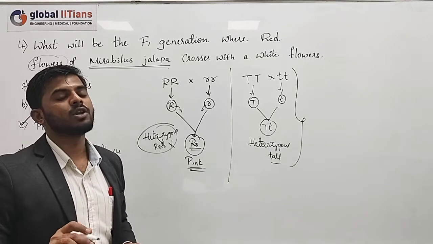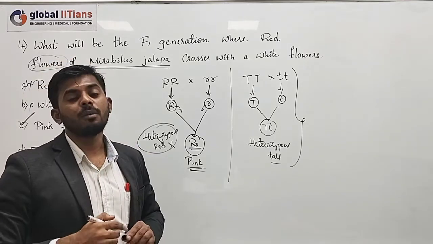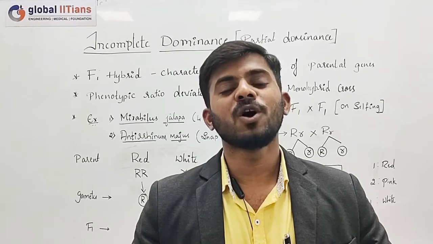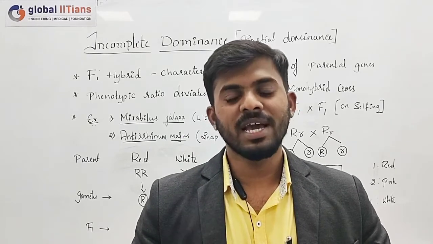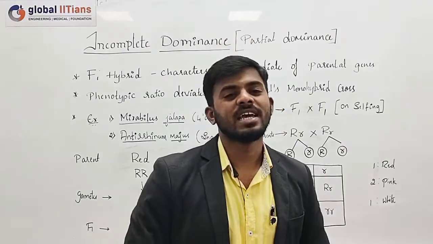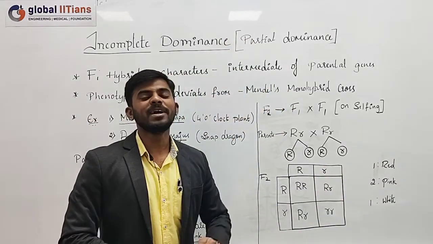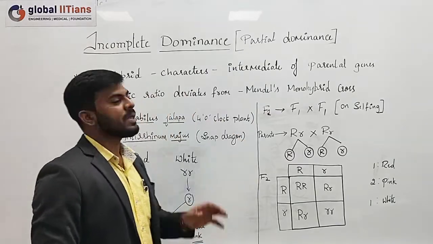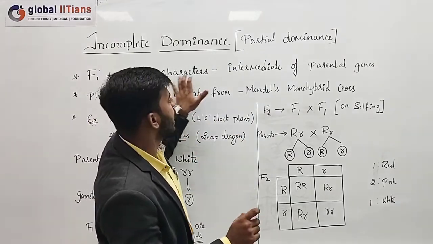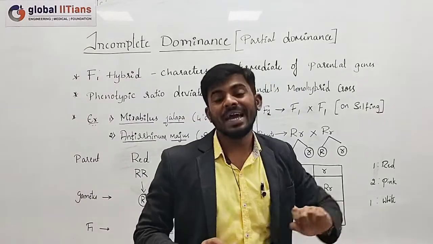Now we're going to have a look into this incomplete dominance in detail. In this video, we're going to talk about a very important concept, incomplete dominance. Now let us understand what incomplete dominance is. Incomplete dominance is a phenomenon in which the F1 hybrid characters will be intermediate of the parental genes.